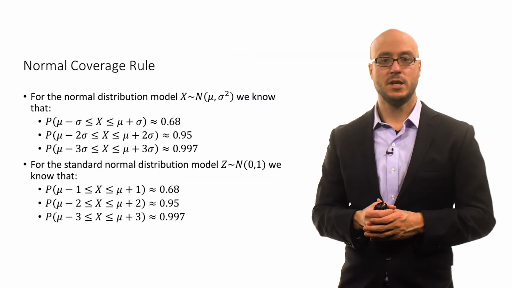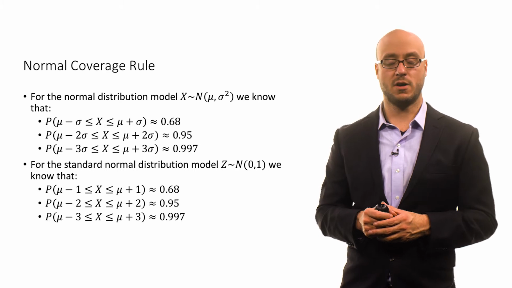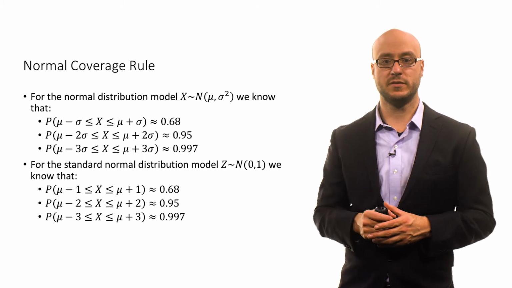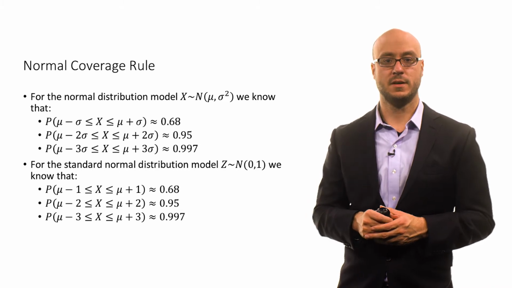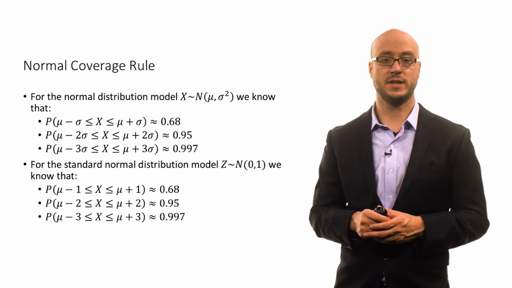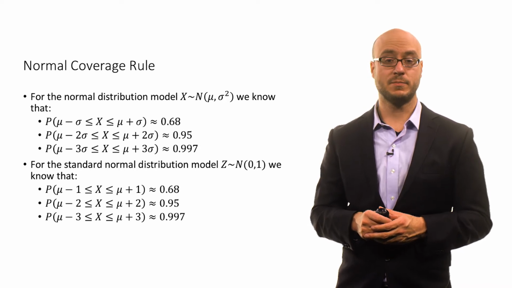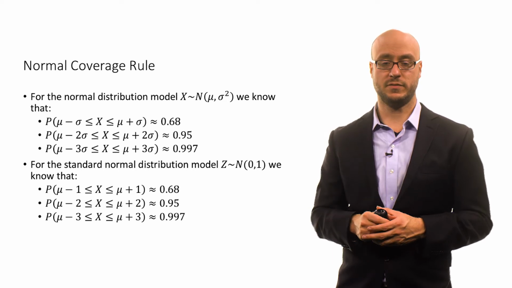We can say that we'd expect 68% of values drawn from this distribution to lie within one standard deviation of the mean. We'd expect 95% of the values to lie within 2 standard deviations of the mean, roughly. And we'd expect over 99% of randomly drawn values to lie within 3 standard deviations of the mean.